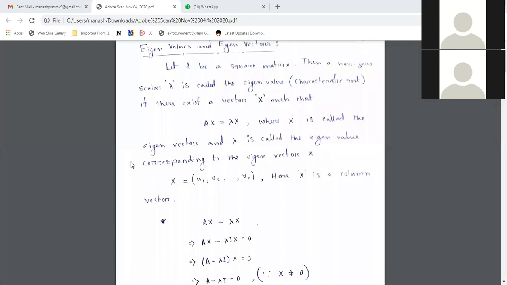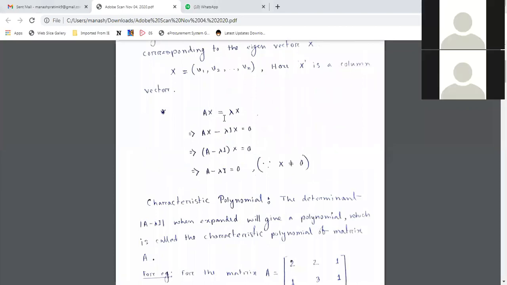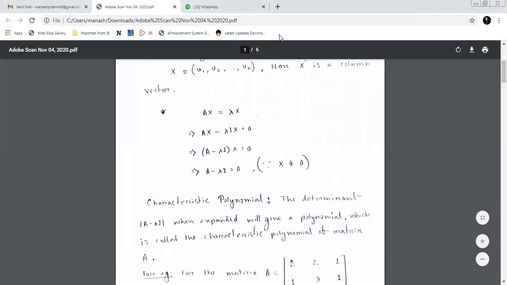Now see what you got. You got Ax equal to lambda x. If lambda x comes to the left-hand side, it becomes Ax minus lambda I x equal to 0, where I is the identity matrix and x is a column vector.